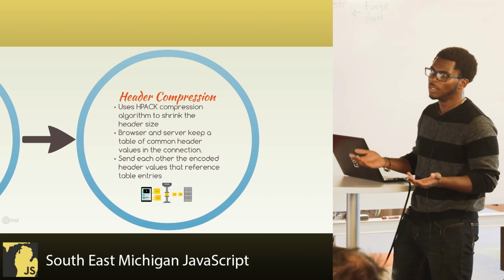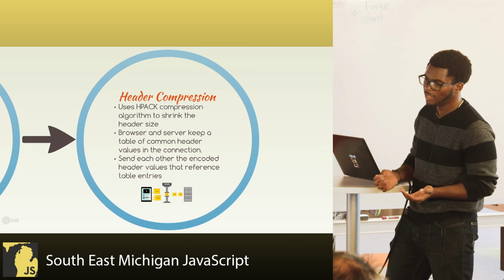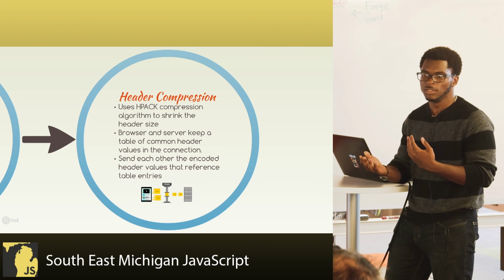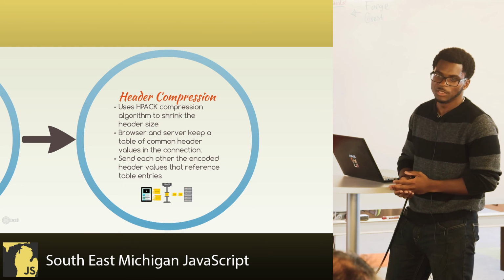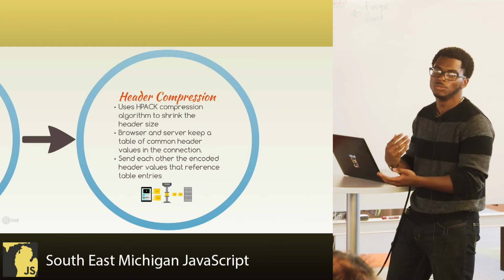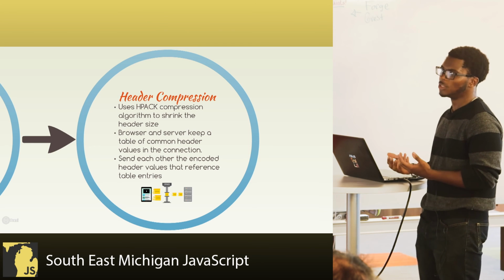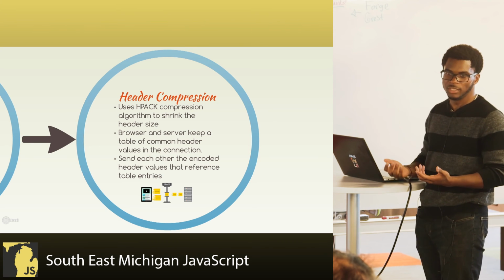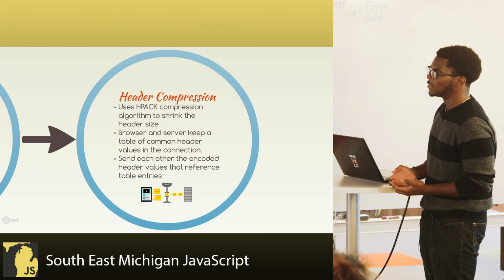It makes a lot of sense because the packets come from the same origin, the same website, and they all have the same headers, the same information. You don't need to send them back and forth over and over if you already know what they are. So it's another way to reduce the amount of data you're sending, not repeating what you're sending back and forth, to make everything a little bit faster.